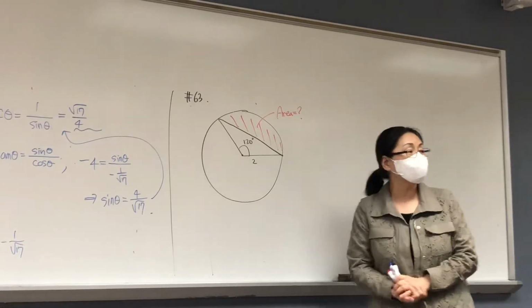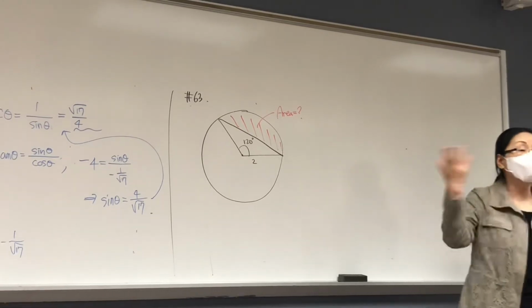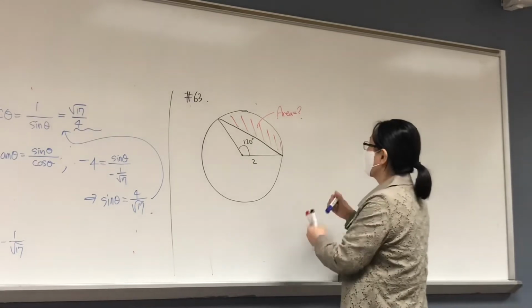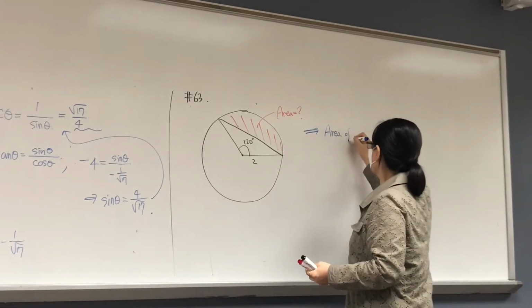So, which one do you want to go first? I told you. Which one do you want to measure? Area of what? The triangle. Okay? So, first thing, let's figure out the area of the triangle.